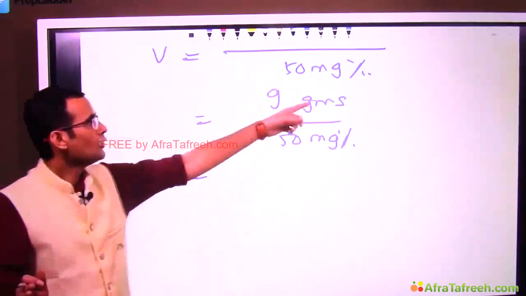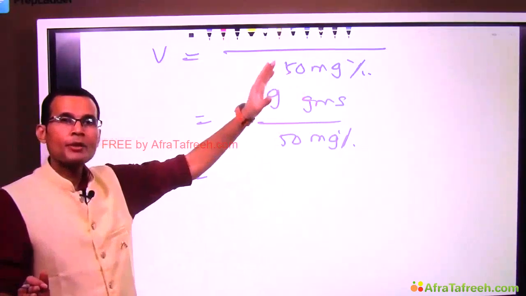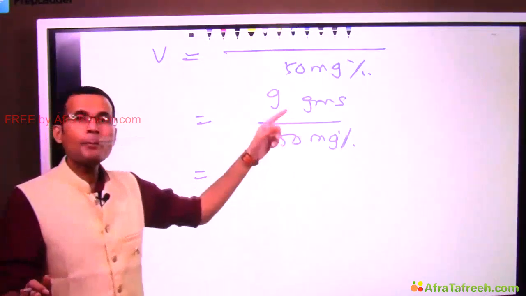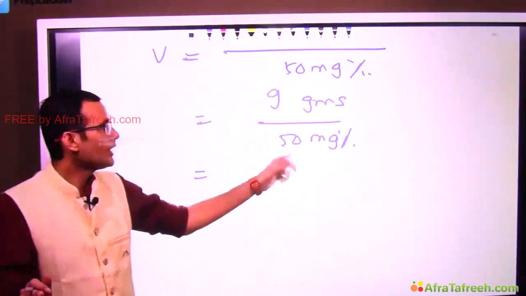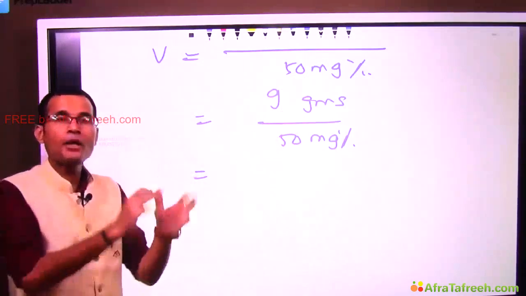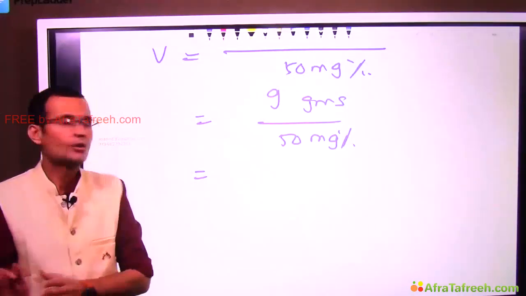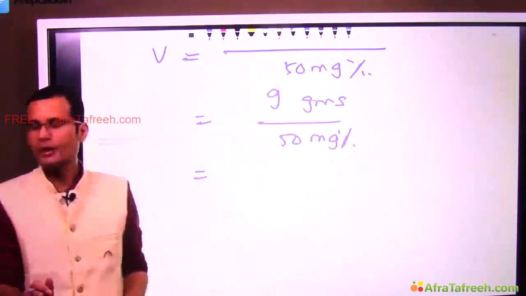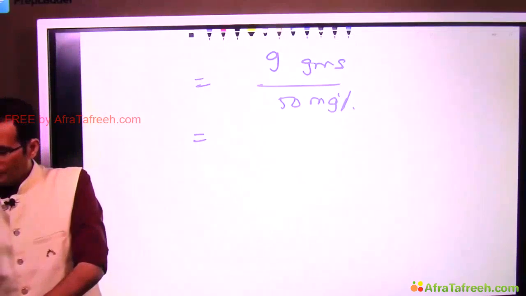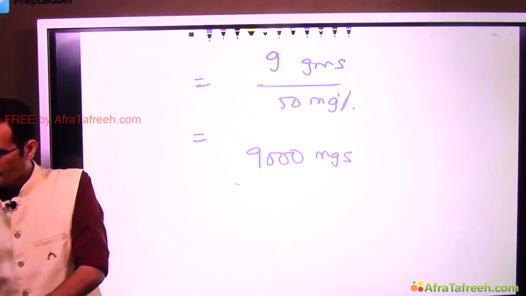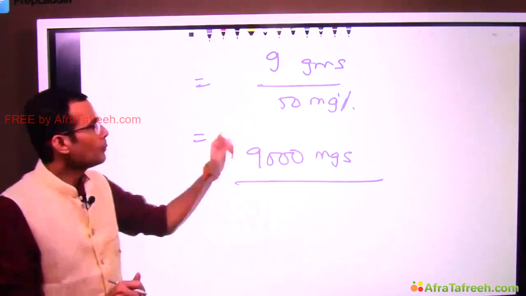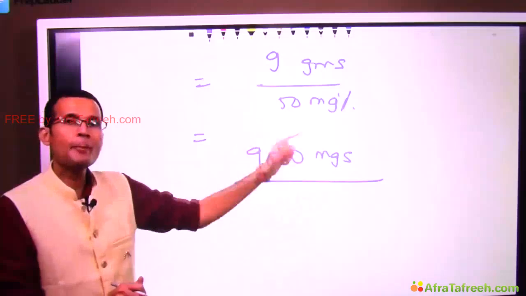So the numerator is per liter and the denominator is milligram %. Milligram % means milligram per 100 ml. So we will have to match the units first for numerator and denominator. 9 grams is 9000 milligrams.